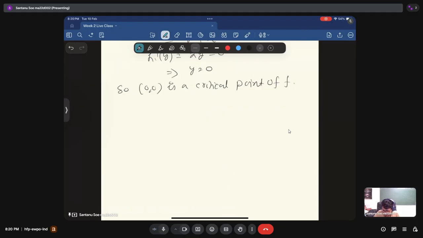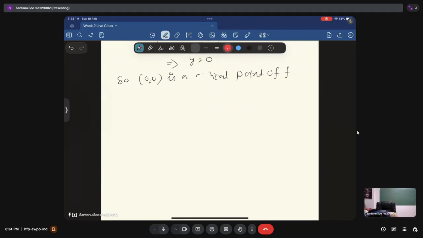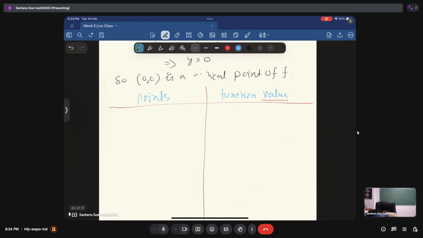so that means we have got a bunch of points where we have to check the values of the function, and then we can decide which point is a point of maximum. So these are the points, and this is the functional value. So the first point was 3 comma 0.